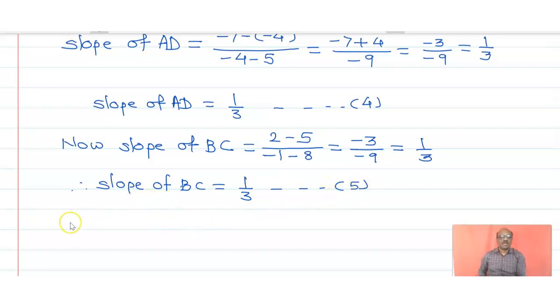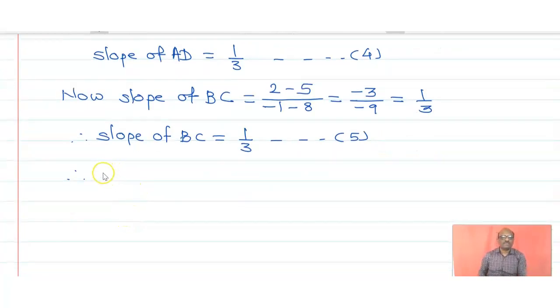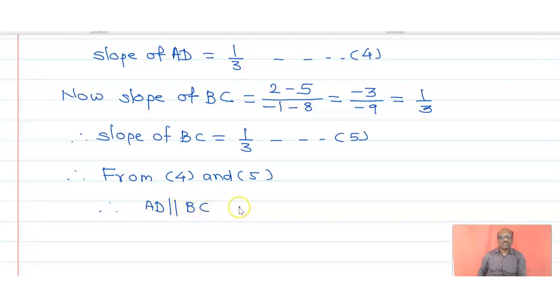Therefore from the fourth and fifth, their slopes are equal and therefore AD is parallel to BC.